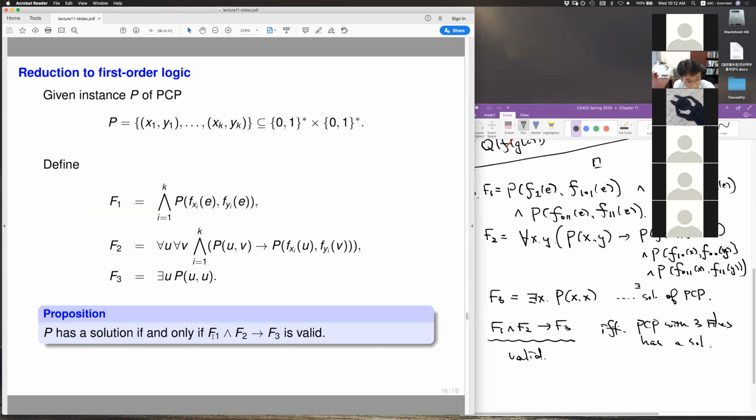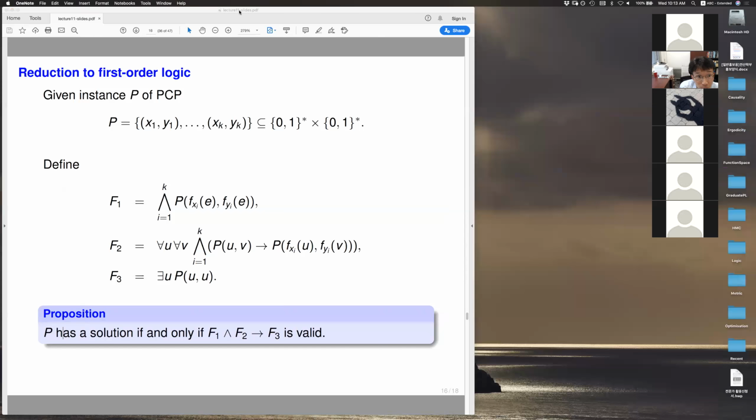If, conjoined, F1 and F2 say that predicate symbol P says what we want, then our PCP should have a solution. That's what this implication is saying. It turns out that P has a solution precisely when this implication formula is valid. And you can actually prove this theorem.